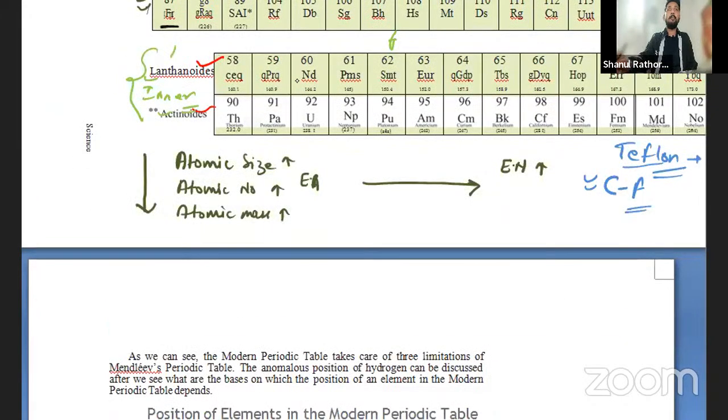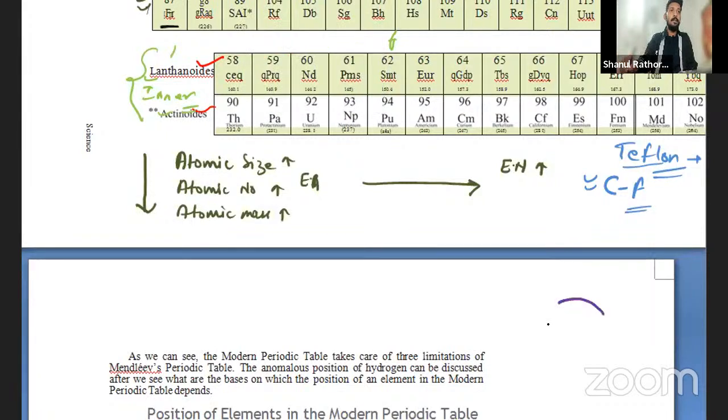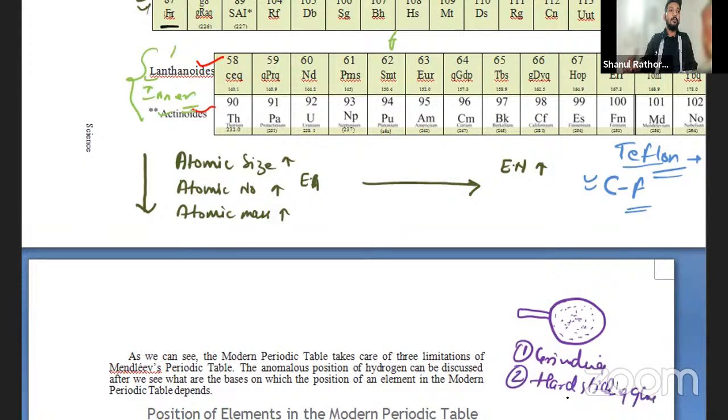Let us take an example. Let us assume that this is a utensil plate. First of all, we have to grind that specific surface, so the first process is grinding, and after that we put a hard sticking glue, and in the last step we just cover it with the Teflon coating.